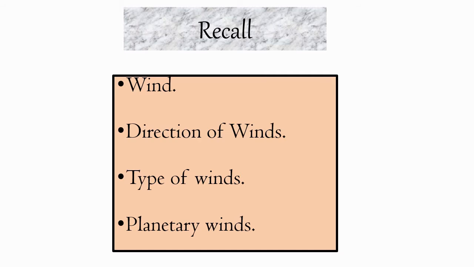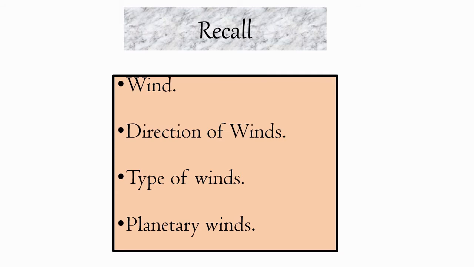We discussed planetary winds in detail. Some winds blow regularly on the earth from high to low pressure belts throughout the year. These winds cover a large portion of the earth. Hence, these are called planetary winds. There are three types of planetary winds: easterlies, westerlies, and polar.